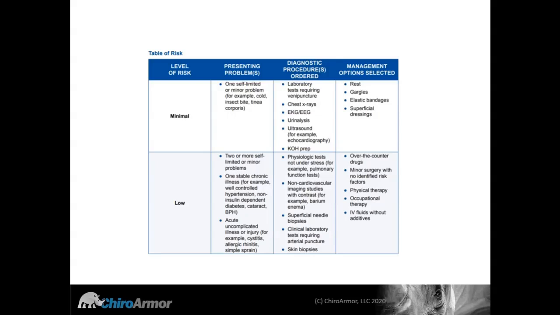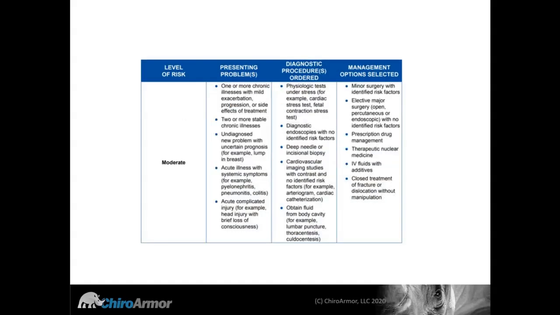What is the treatment that may need to be selected? Well, as you can see, physical therapy is a very low level of risk, very similar to what we do, occupational therapy, physical medicine. And so our treatment as chiropractic clinicians will fall into this management option selection, which would be the low level of risk.